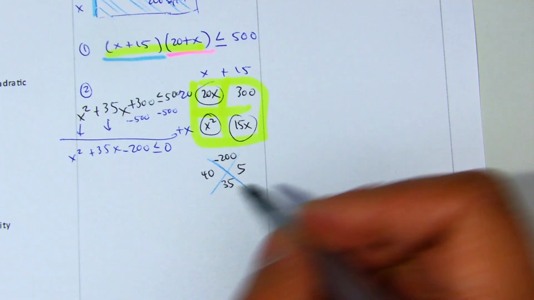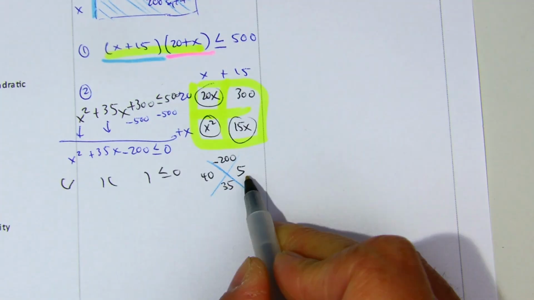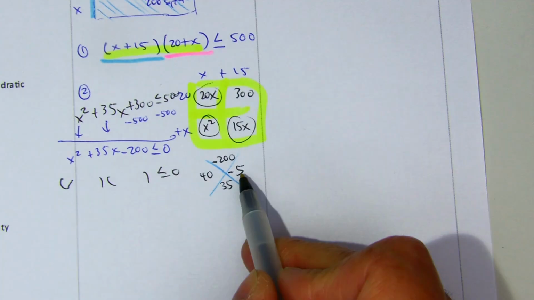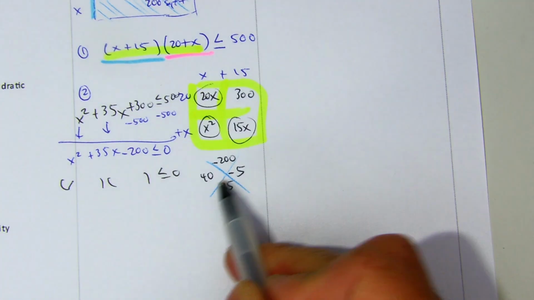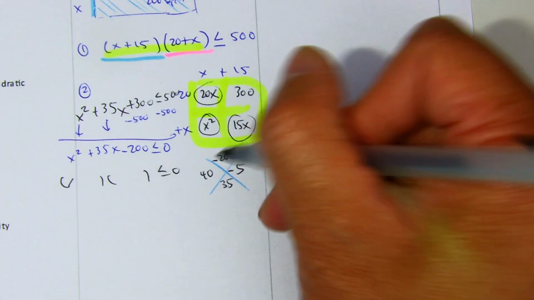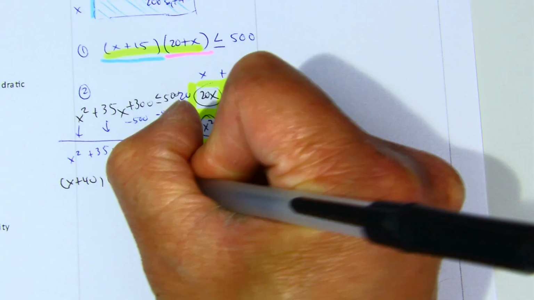So now I'm going to factor. I'm going to make this one negative. So 40 times negative 5 is negative 200, and 40 plus negative 5 is 35. So x plus 40, and x minus 5.